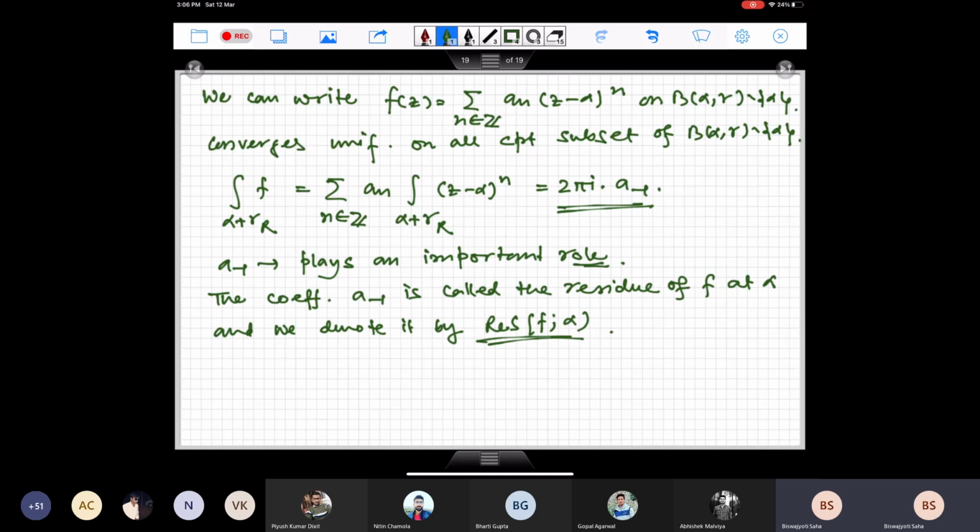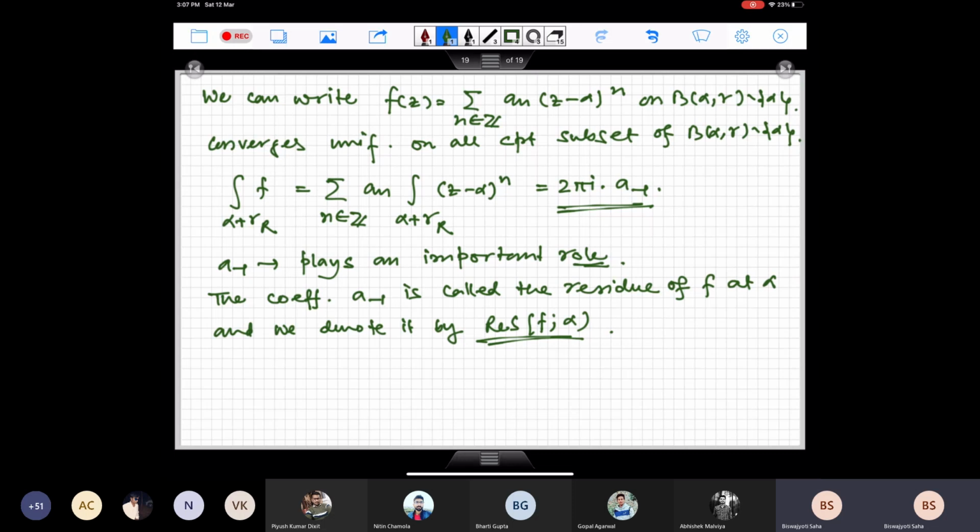So what is the residue of a function at alpha? You just write down the Laurent expansion of your function around that point in a deleted neighborhood, and whatever is the coefficient of 1 upon z minus alpha, that is your residue. So a minus 1 is the residue of f at alpha, where a minus 1 is the coefficient of (z minus alpha) inverse in the Laurent expansion of f.